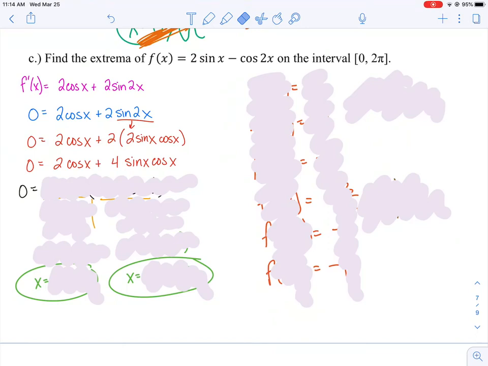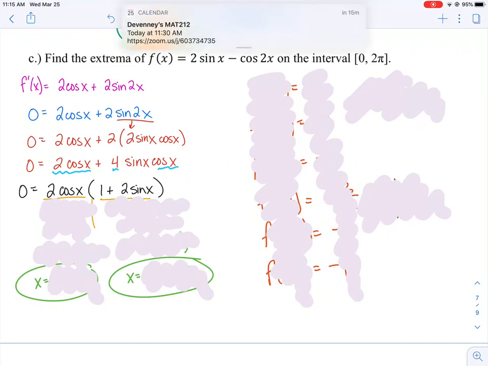Okay, I'm going to simplify it a little bit. I'm going to turn that into a 4 sine x cosine x in that second term because 2 times 2 is 4. And then I notice that in each of these terms, I can GCF out a 2 and a cosine x. So that's what I'm going to do. That leaves me with a 1 plus 2 sine x.